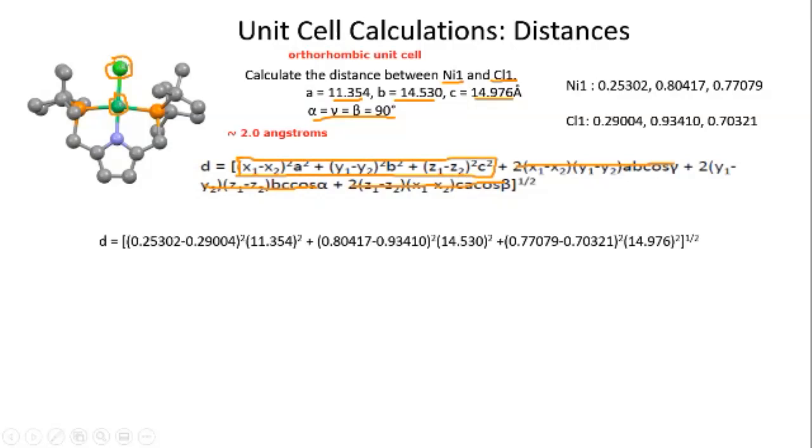So we set up our equation, we just simplify terms. And you see that the distance between nickel and chlorine is around 2.18 angstroms. And we said it should be in the ballpark of 2 angstroms. And so this is right on cue with our prediction of being around 2 angstroms. So it makes sense that it's 2.18 angstroms.